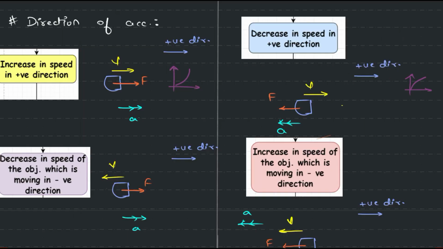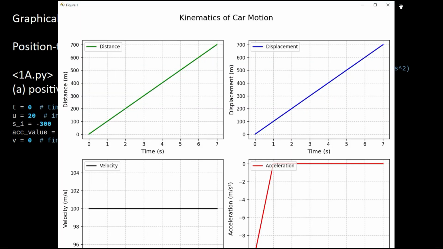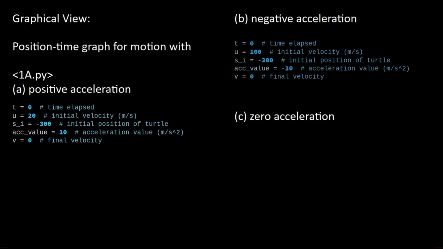So this is how a position time graph looks for, well, we just showed around three cases. So that will be a flat line. Let me show other cases as well actually. I'll show the other positive cases as well.